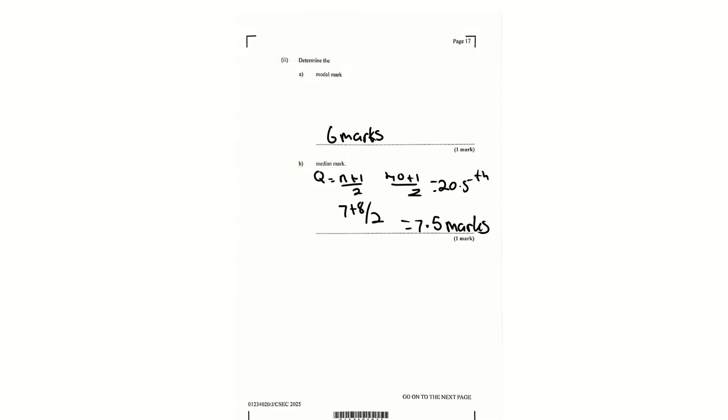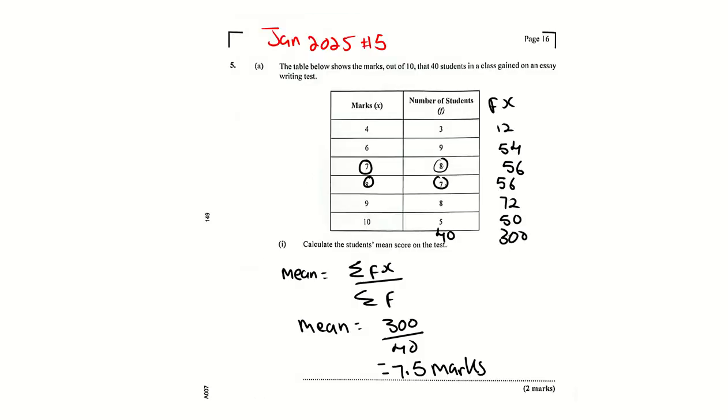So again, your median is Q2, which is you take your number of persons, n plus 1 divided by 2, which is 40 plus 1 divided by 2 is 20.5th person. Where's your 20.5th person?